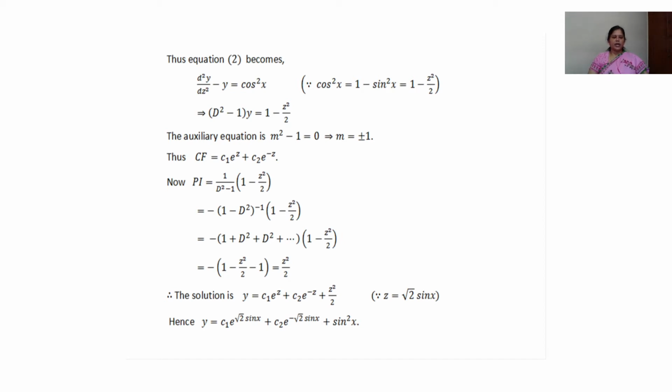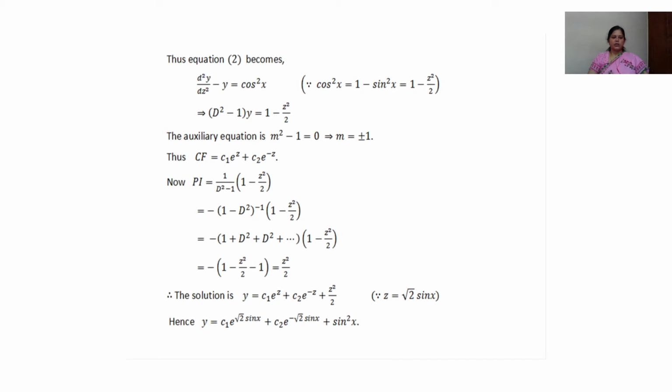Then D squared into 1 minus z squared by 2 means we differentiate the function 2 times, and we get minus 1. If you substitute that value, 1 and minus 1 will cancel. Only minus z squared by 2 remains in the bracket, and the other minus is outside. If you simplify, we get z squared by 2 as the particular integral.